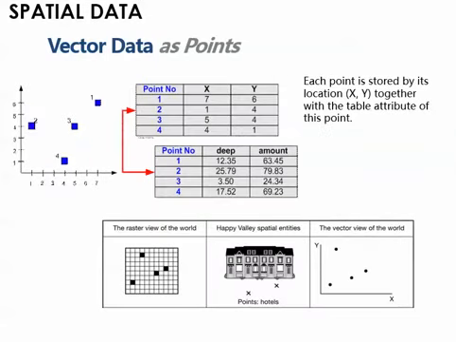We also represent data as points, and each point is stored by its location, XY coordinate, together with its attribute for this point. So if the point is a building, then it would have perhaps a type of building, height, and so on.